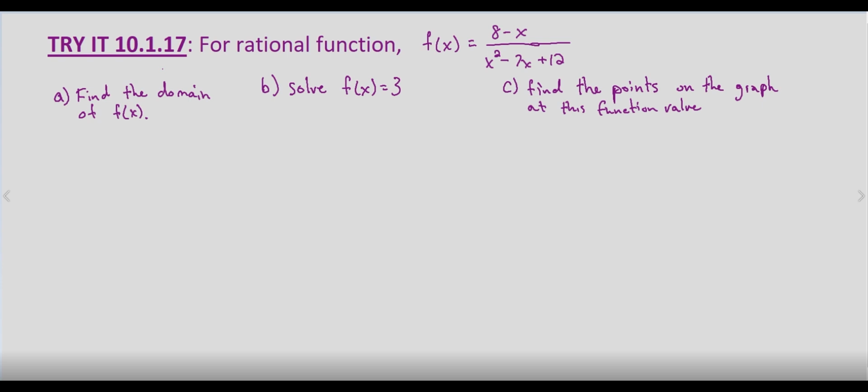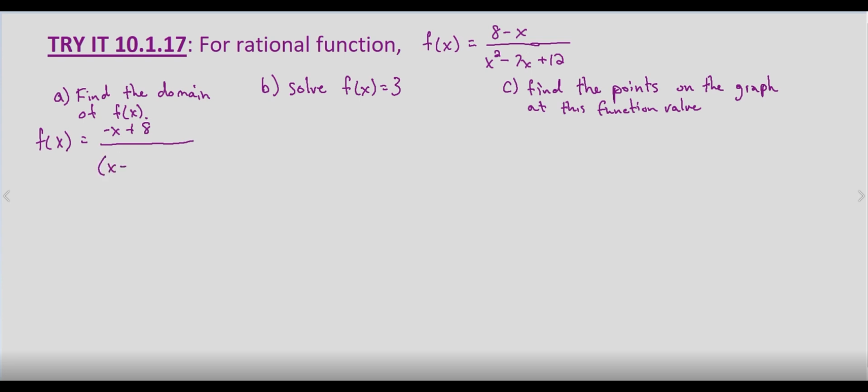So if we rewrite this as f of x equals negative x plus 8 over, what two numbers? We have a leading coefficient of 1, so what two numbers multiply to 12 and add to negative 7? So we know it's going to be x minus and x minus, because we have a positive product and a negative sum.